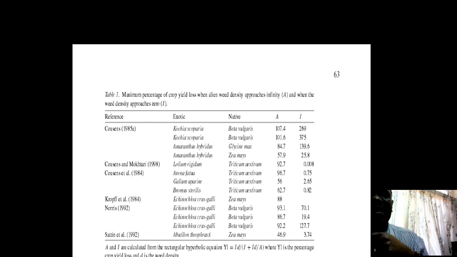So what it means in this country, we need, for all the weed species which we have under different conditions, if we know their competitive abilities in various crops, various regions, probably it can become easy for us to design appropriate weed control strategies.